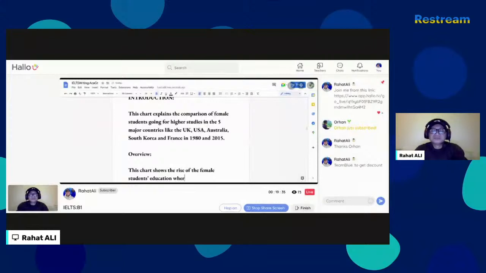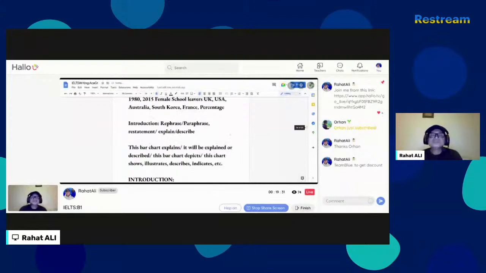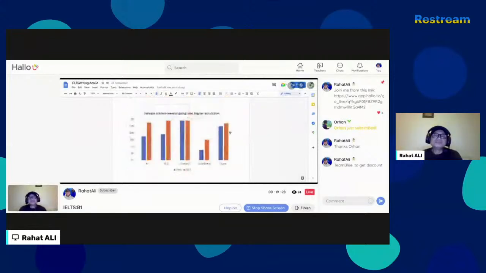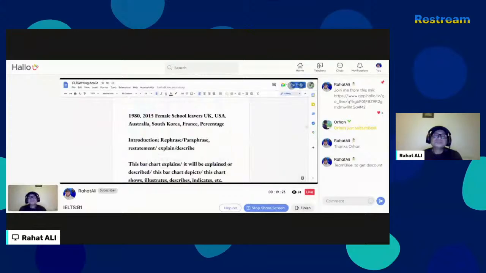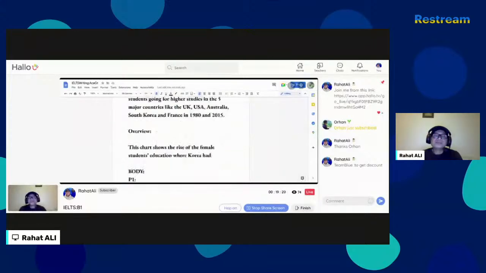Where Korea had, actually South Korea, not Korea, lowest increase, and Australia.